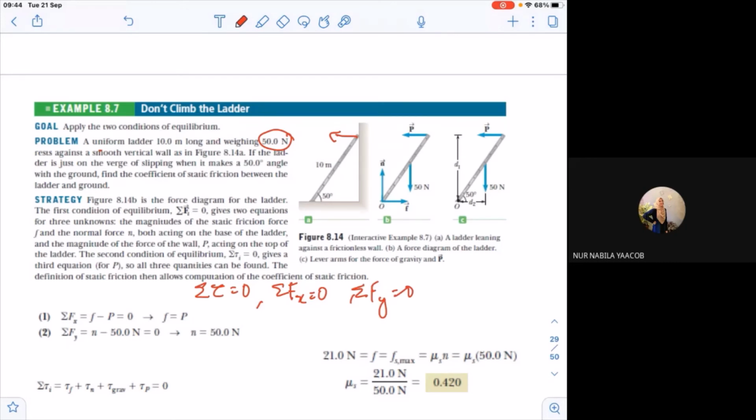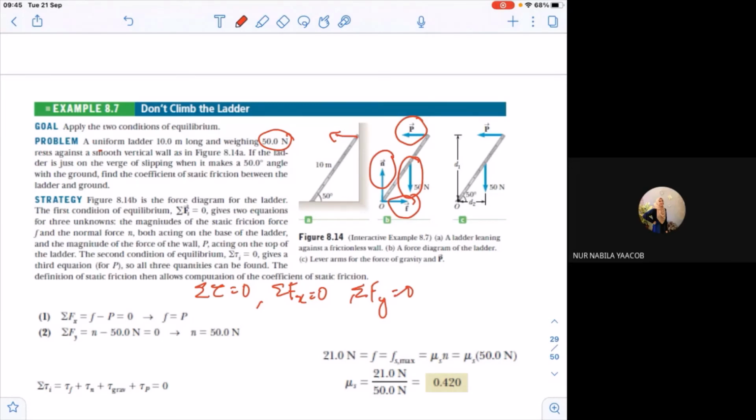It can also involve static friction. Bukan main-main, because bila involve dengan force, we can also put a static friction together. Okay, so the main criteria here, we have friction, we have normal force on the wall, and we have weight of the ladder.